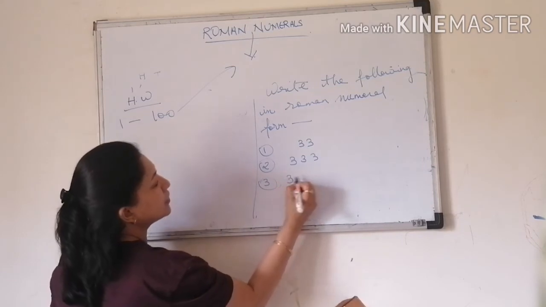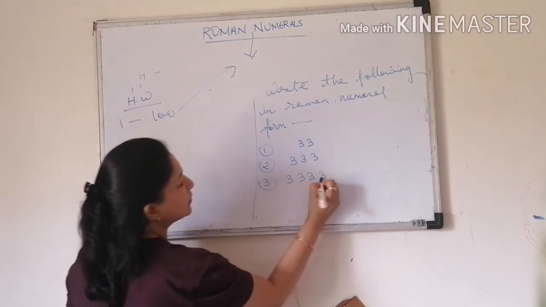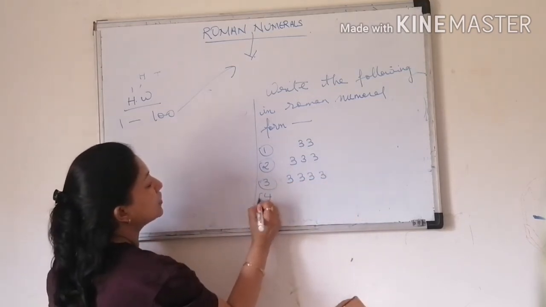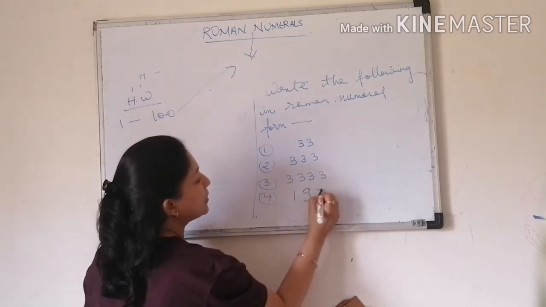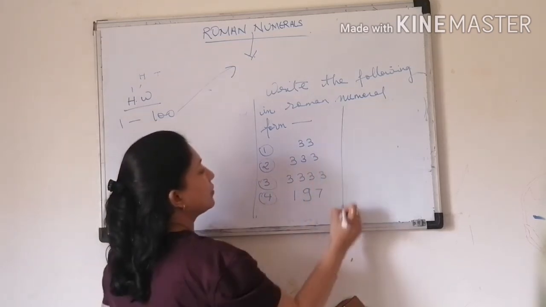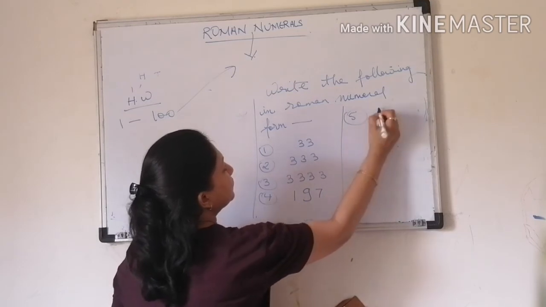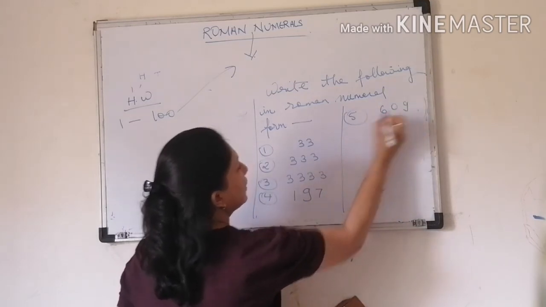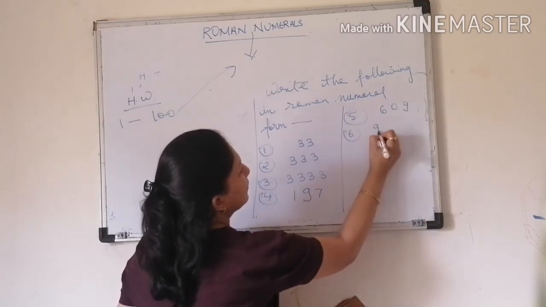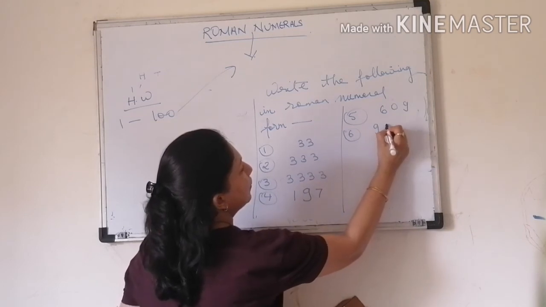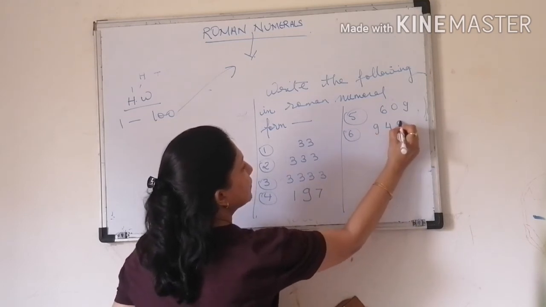Third is 3333. Fourth is 197. Fifth is 609. Sixth is 949.